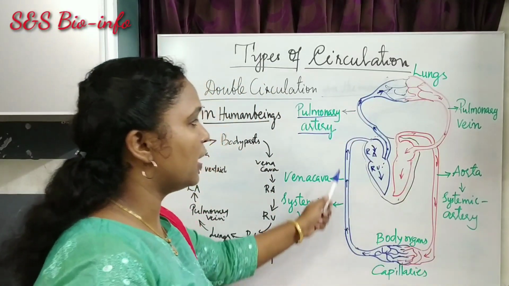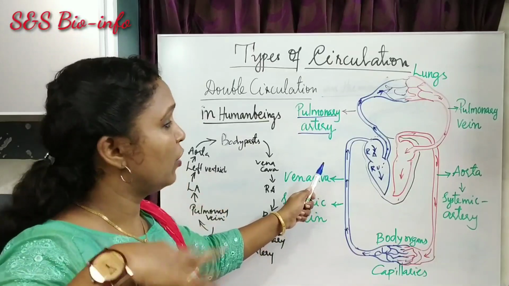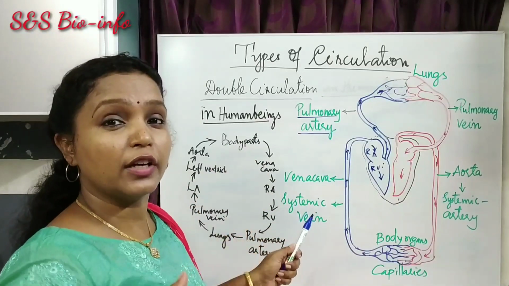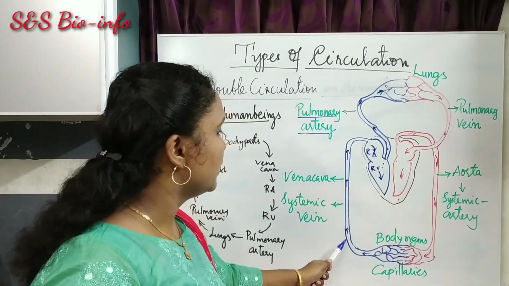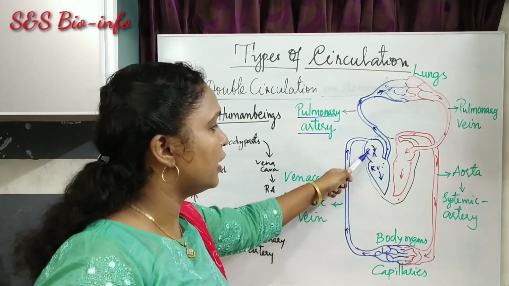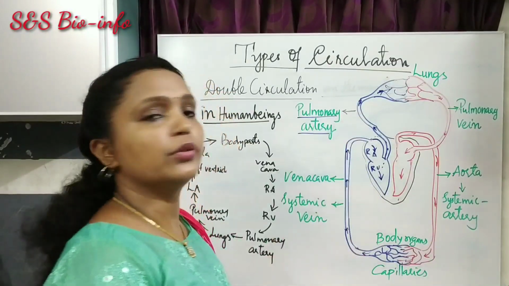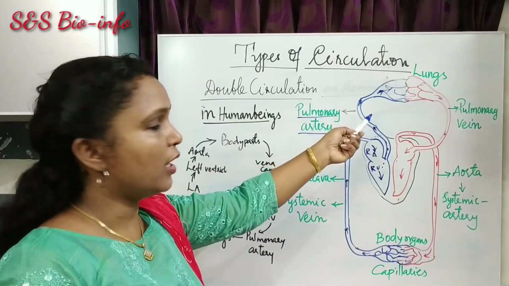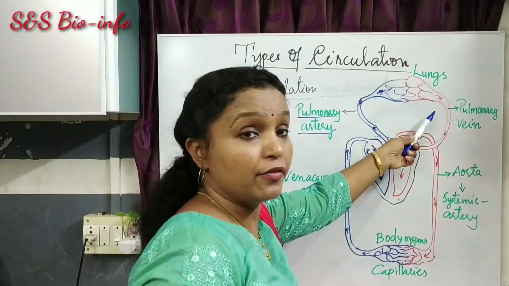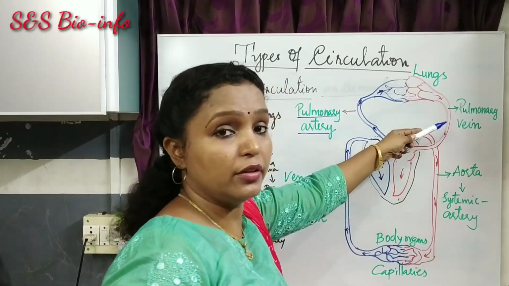So the bluish part indicates the circulation of impure blood. That is from the body parts, then to the veins, vena cava, right atrium, right ventricle, then to the lungs for purification. After purification, what happens there? The pure blood from the lungs goes to the pulmonary vein.